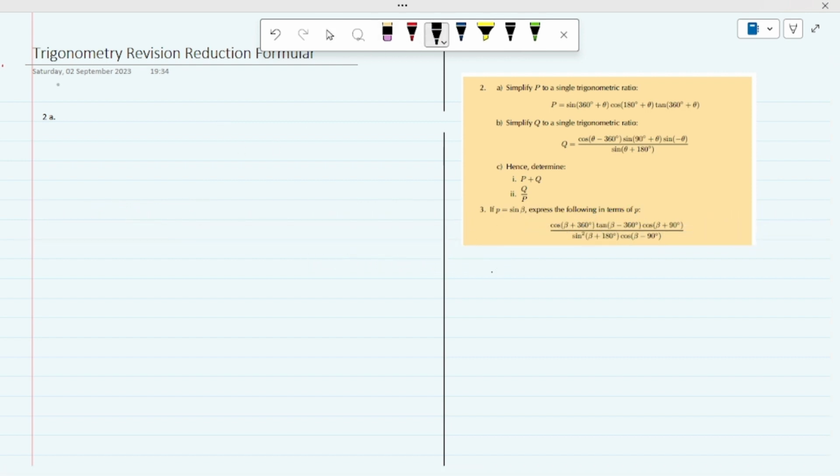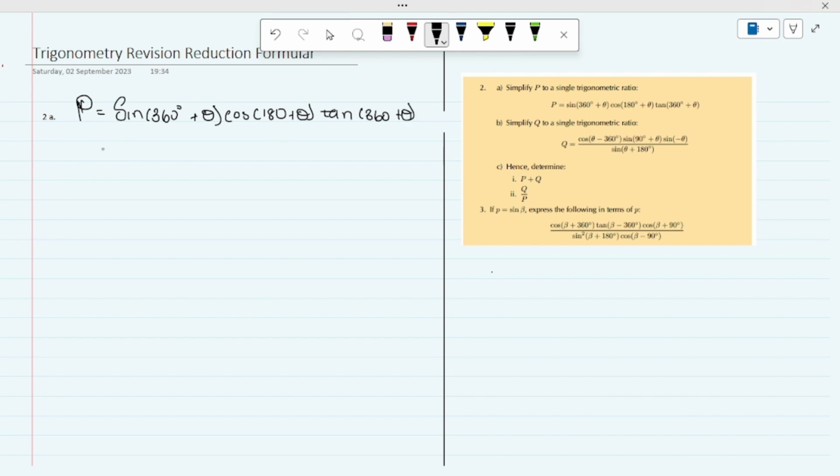So let's try to copy the question and try to solve it. It's p is equals to sine 360 degrees plus theta, multiplied by cos of 180 plus theta, multiplied by tan of 360 plus theta.